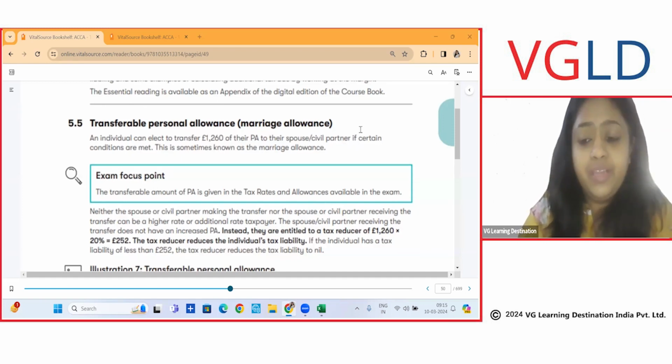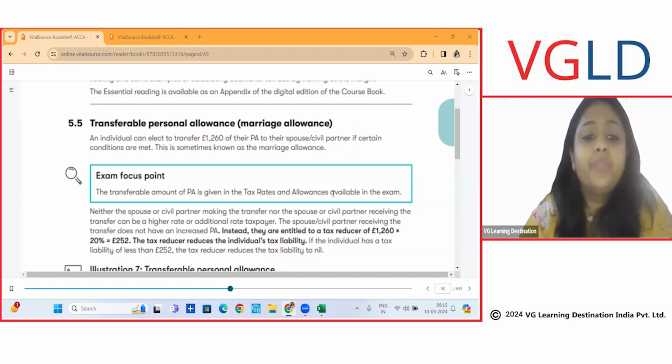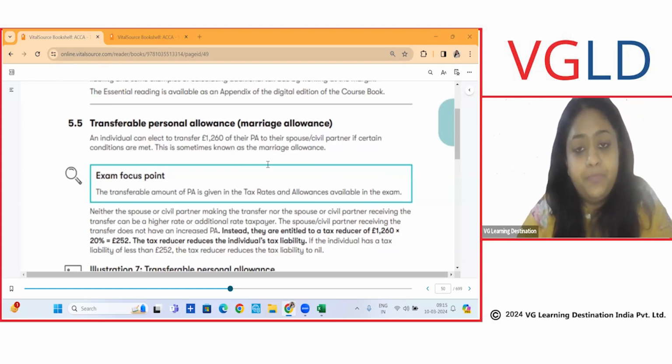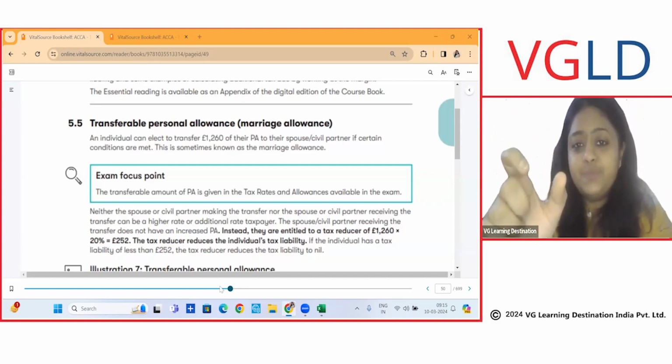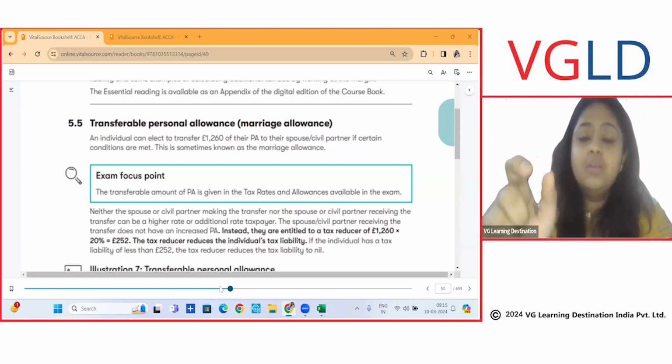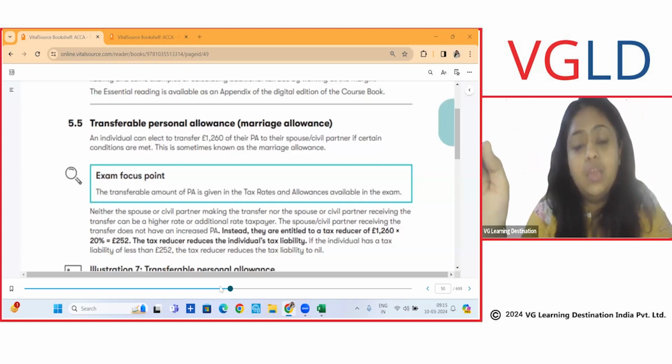Okay, let's begin and let's discuss this topic. Transferable PA. We also call it marriage allowance. Why? It is the concept where one spouse or civil partner can transfer PA to the other spouse or the other civil partner. Fine?